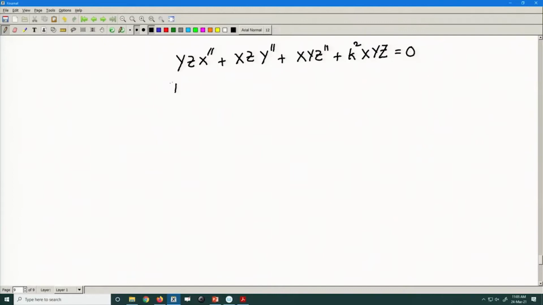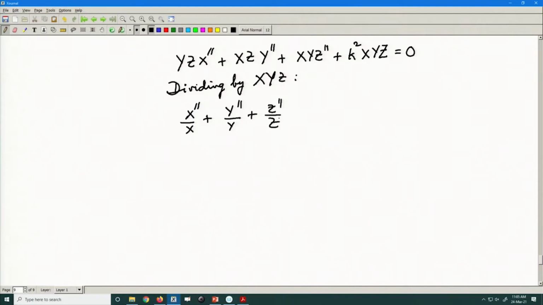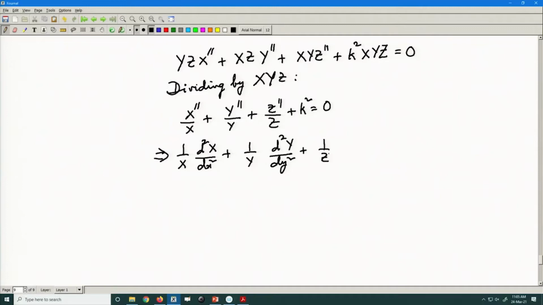Now, dividing by XYZ, we have X double prime by X plus Y double prime by Y plus Z double prime by Z plus k square equal to 0, or we can write this as 1 by X d square X dx square plus 1 by Y d square Y dy square plus 1 by Z d square Z dz square plus k square equal to 0. We call this equation 13.